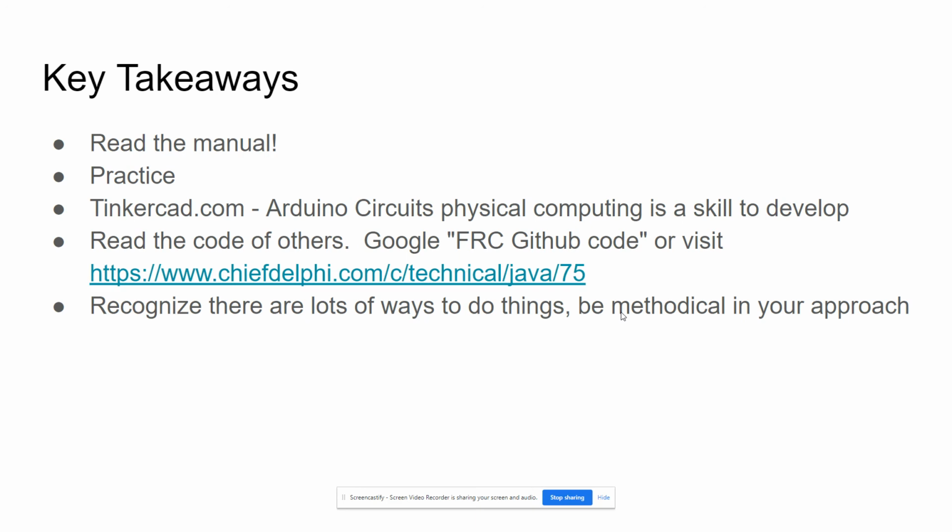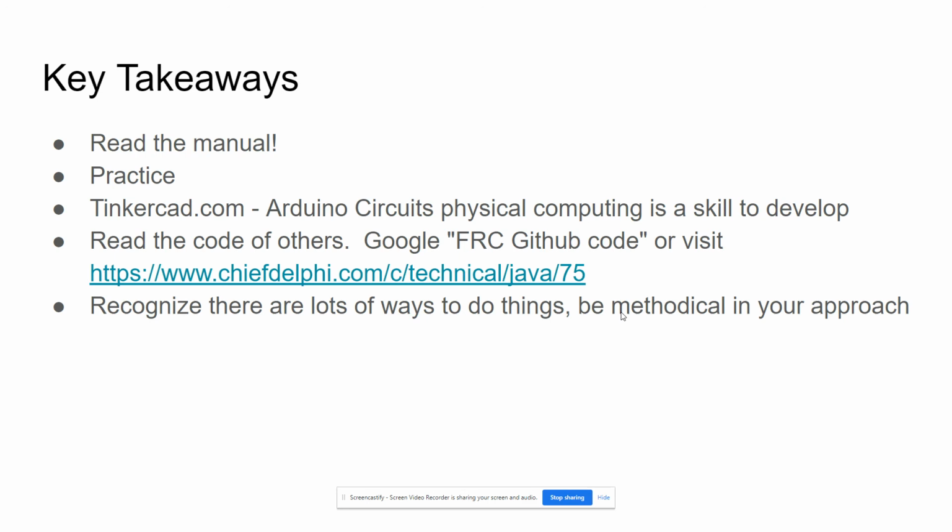Read the code of others. If you just Google FRC GitHub code, when I did that, Team 254's code pops up. They're quite literally the best team in the league, and my apologies to other teams that are absolutely phenomenal, but they've consistently done phenomenal things, and you can learn from their code.